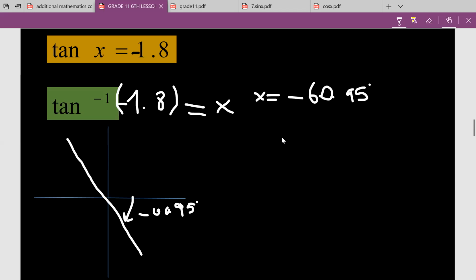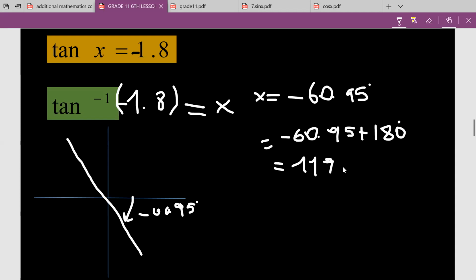So when you add negative 60.95 plus 180 degrees, it equals 119.05.